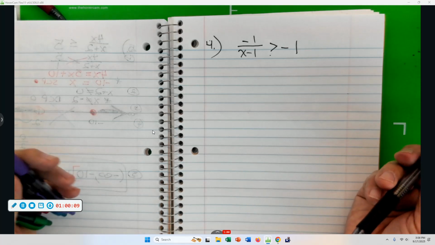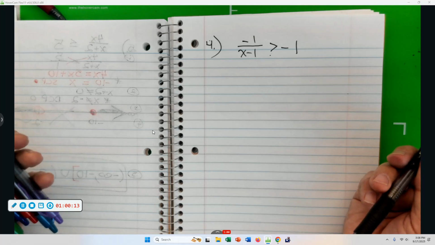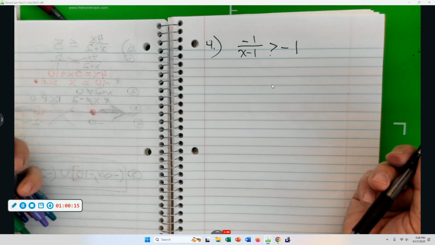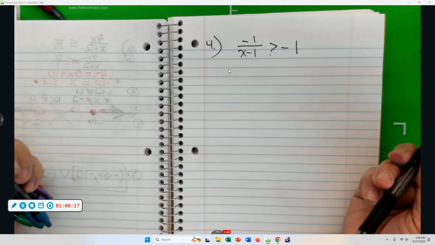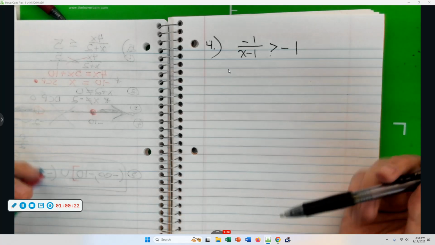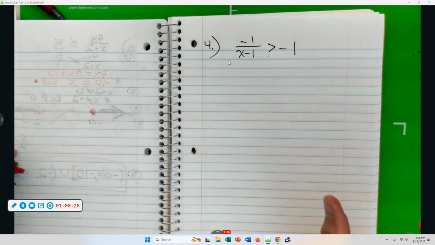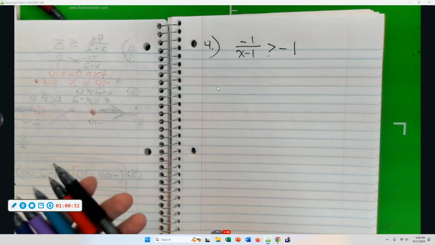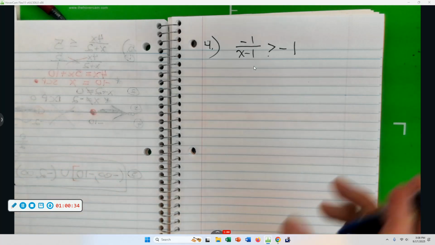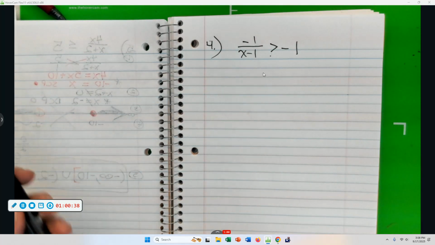Will your interval notation have any rectangular brackets? Will there be any brackets in our answer? There's not any closed circles, so no, there's not going to be any brackets. That means your interval notation, what's the grouping symbol, the only thing you're going to be using? Parentheses. Okay. So there, we thought about it. It didn't give us a solution, but we thought about it. We have an idea of what our solution should look like at the end.